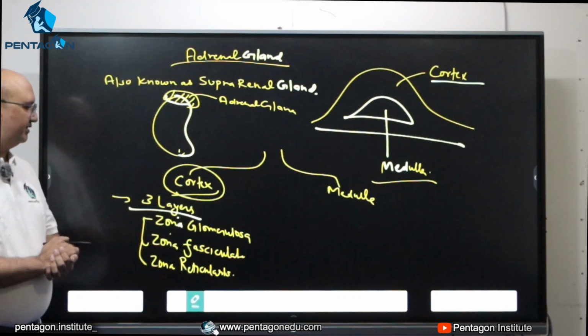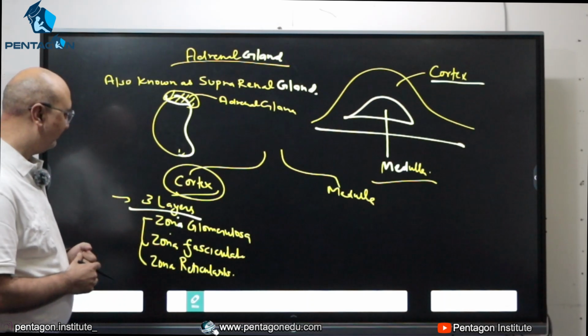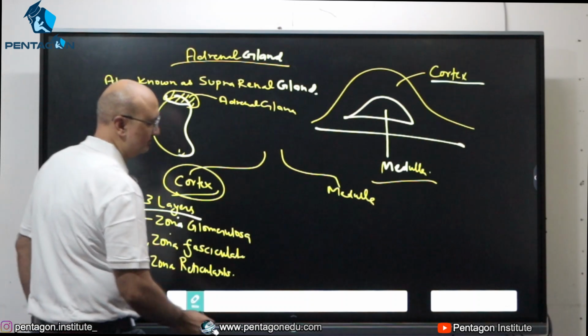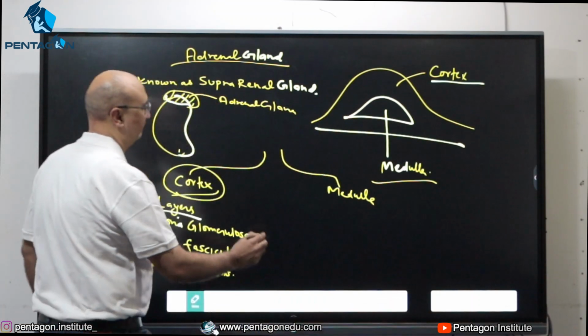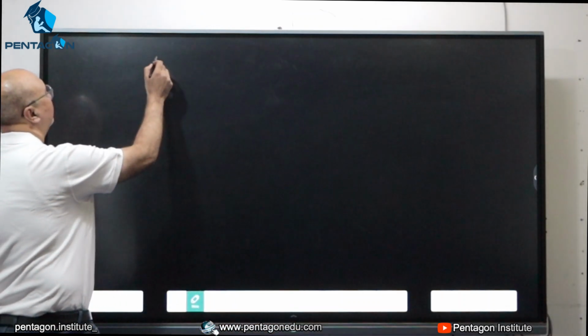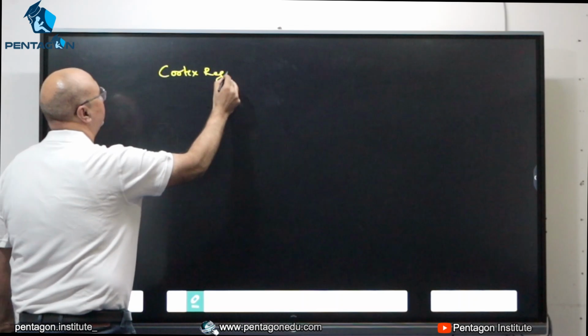There are 3 layers present in this: zona glomerulosa, zona fasciculata, and the third is the zona reticularis.